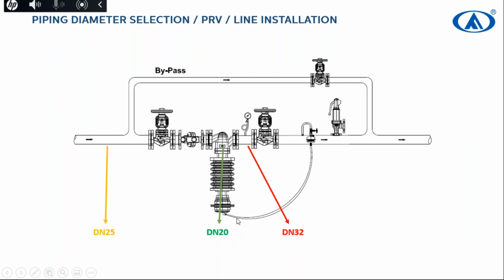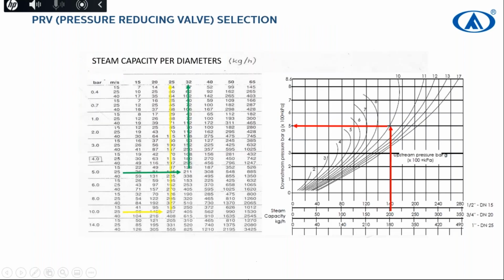That's why when you inquire about a steam pressure reducing valve, the inlet and outlet pipe diameter is not enough for us. We need to know the quantity of steam and we need to know the pressure of inlet and outlet. And we will select the best steam pressure reducing valve for you with the help of these technical diagrams.